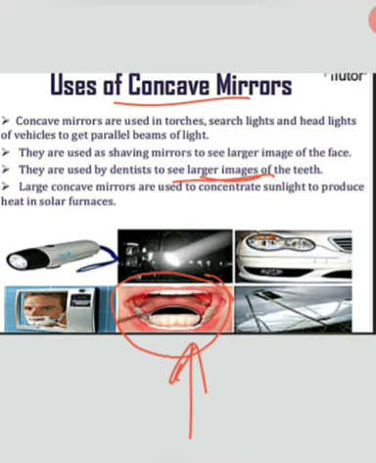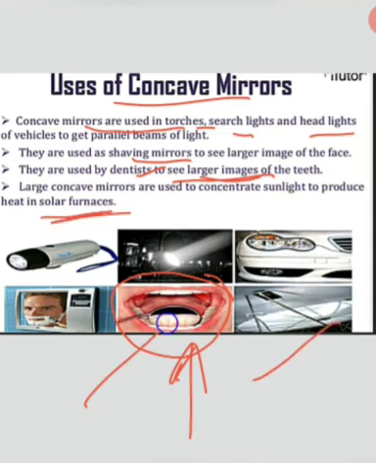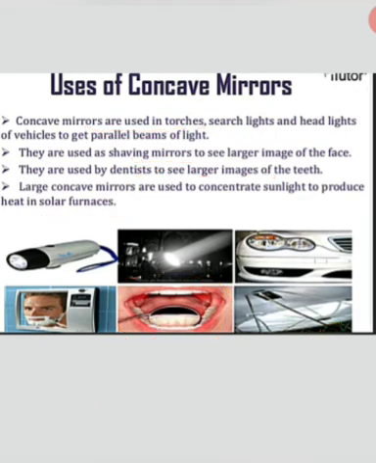Various other uses are written here. Concave mirrors are used in torches, searchlights, headlights of vehicles. They are used by dentists. We use concave mirrors as shaving mirrors. We use concave mirrors in solar furnaces and solar cookers. All of the examples are shown with the help of figures here.